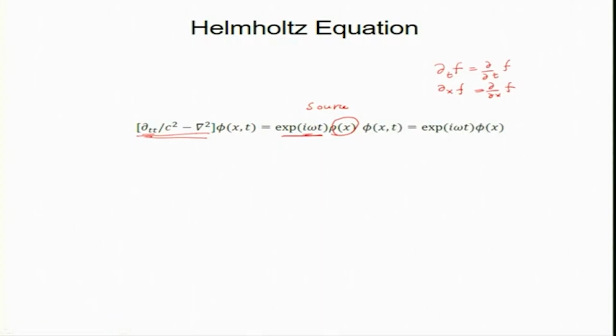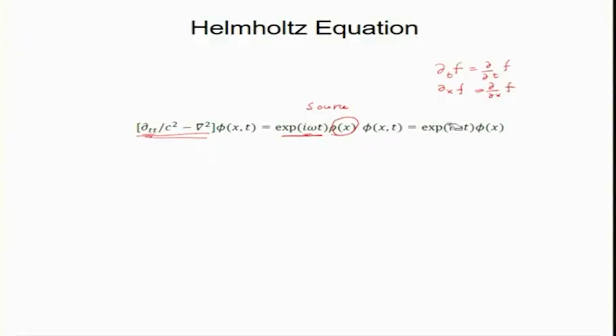The time dependence will be e to i omega t. This is very similar to what we do for oscillators. If I force an oscillator with a certain frequency, then the response under steady state will be e to i omega t except at the resonance. But we will ignore resonance, that special condition. So, my response also is e to i omega t.